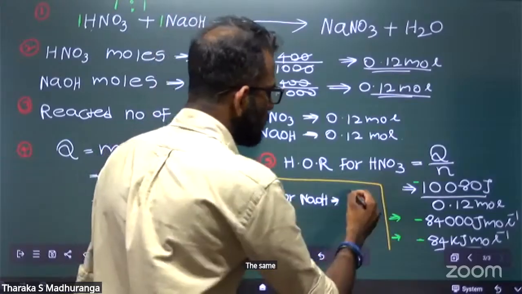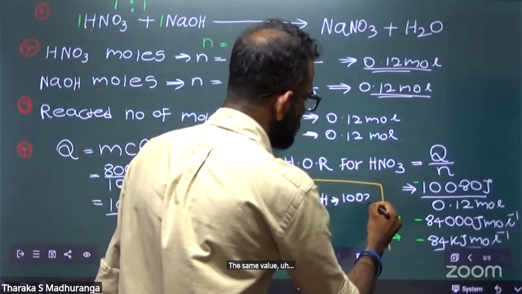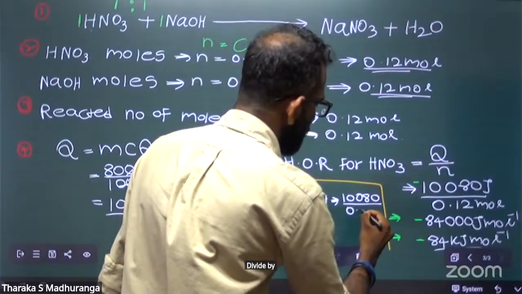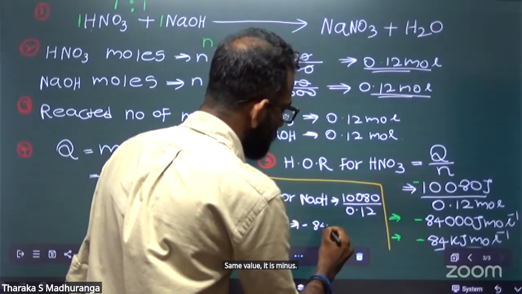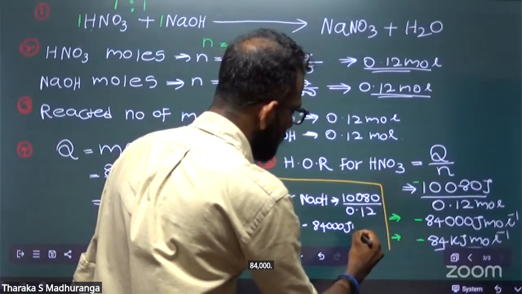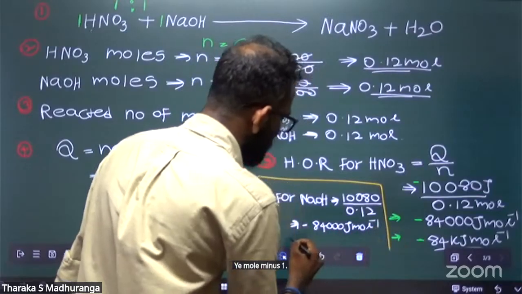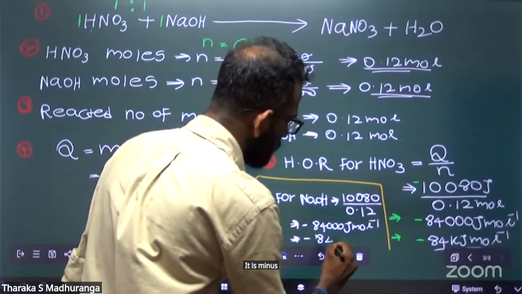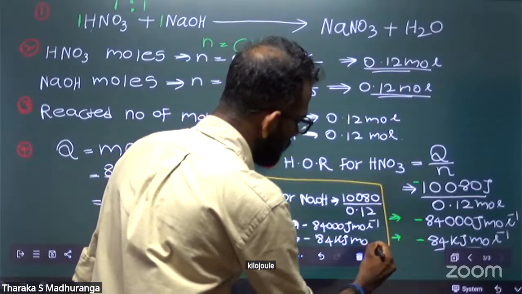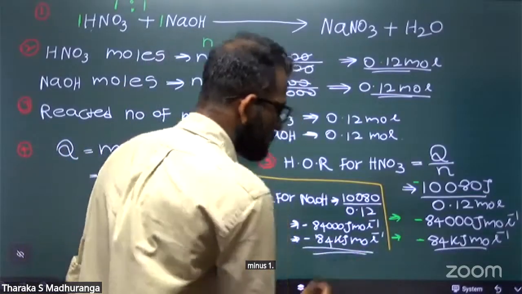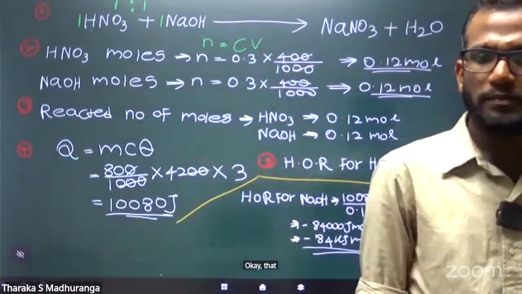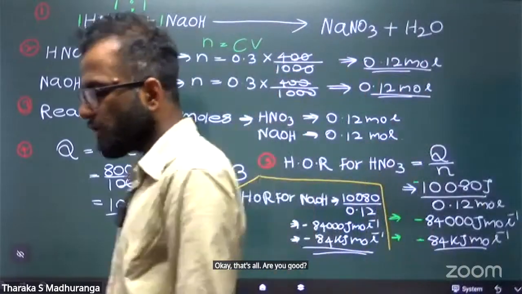The same value, divided by 0.12. Same value, it is negative: minus 84,000 J mol^-1, which is minus 84 kJ mol^-1. Okay, that's all. Are you good? Any doubt?